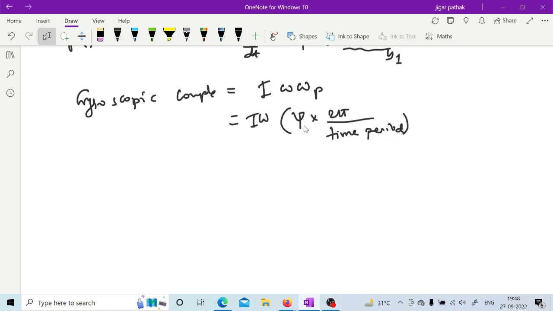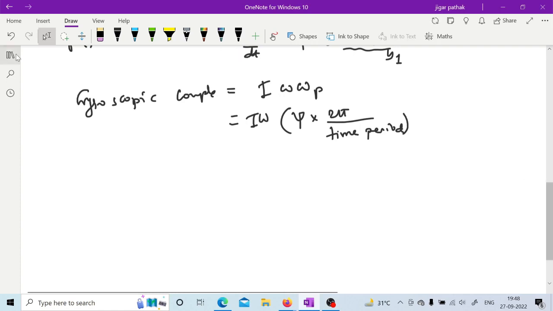This is how you can calculate the gyroscopic couple in this particular case, right? You can also calculate angular acceleration and maximum angular acceleration, as you have calculated angular velocity above. And finally, rolling: we have already discussed that there is no gyroscopic effect in rolling.